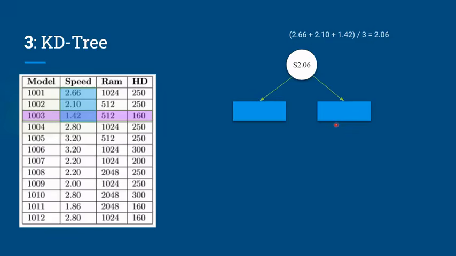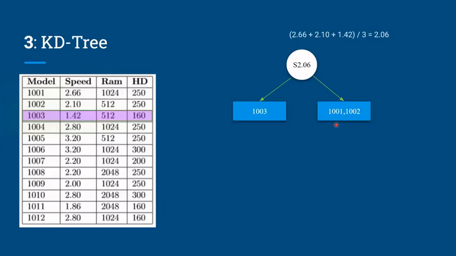Hence, the model 101 would be placed in the bucket on the right hand side. What about 102? 102 has a speed of 2.1, still greater than 2.06, so it would be placed in the bucket on the right hand side as well. 103 then would be placed on the left hand side because its speed 1.42 is less than 2.06.